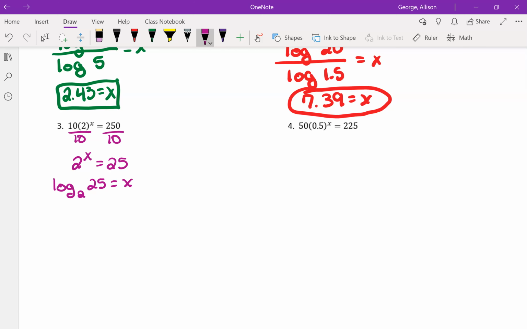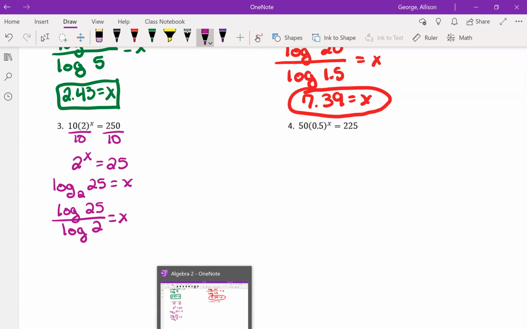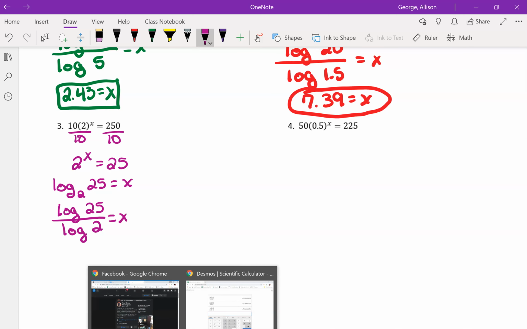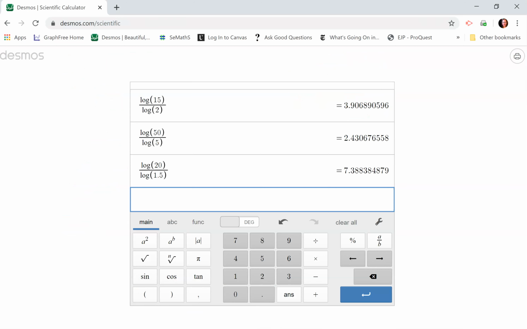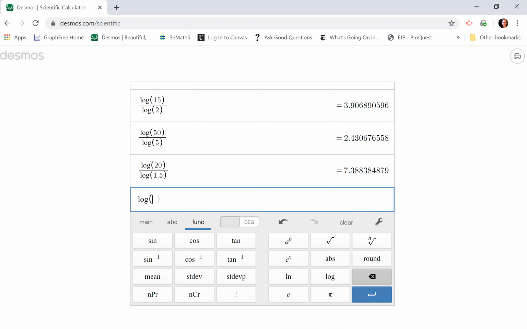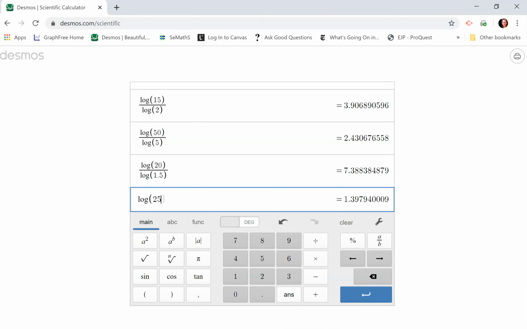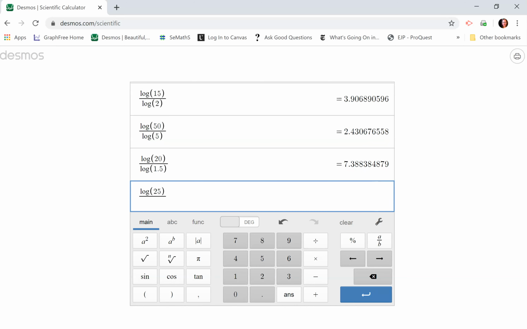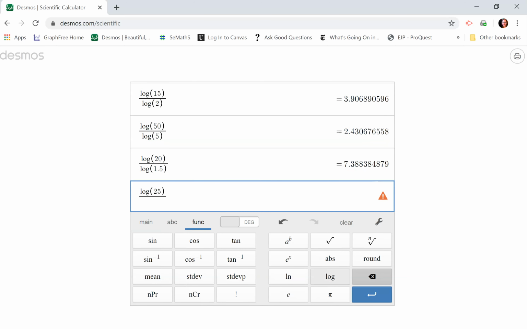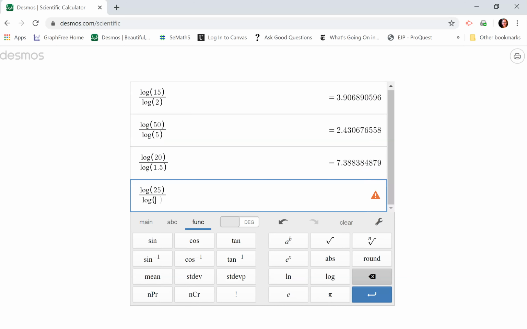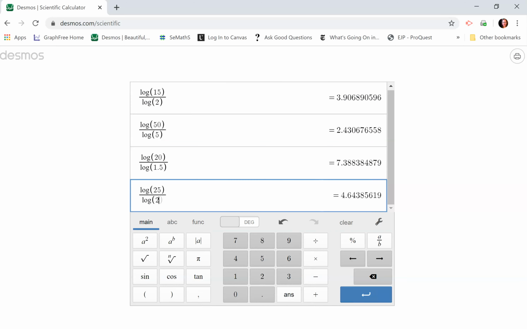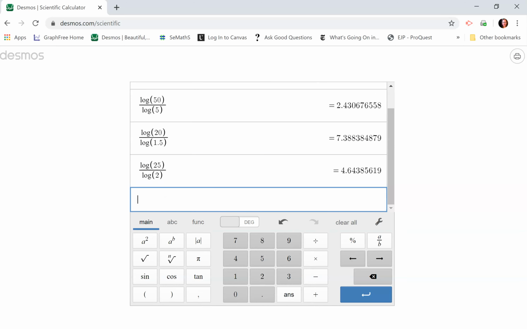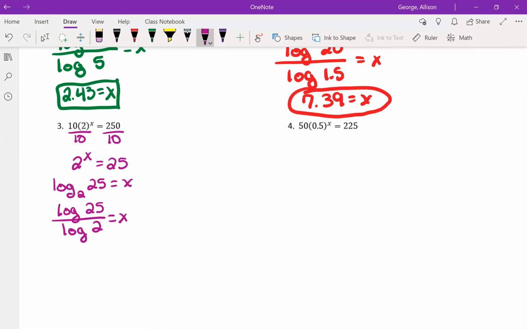Then use your change of base formula: log of 25 over log of 2. And we end up with 4.64 on that one.